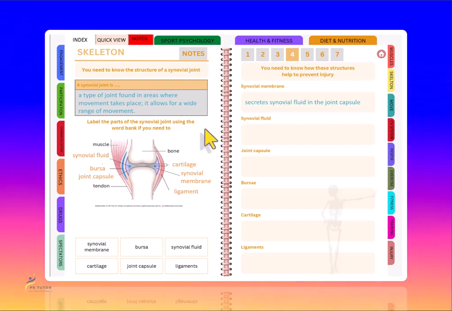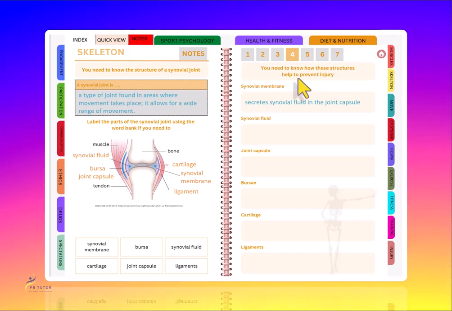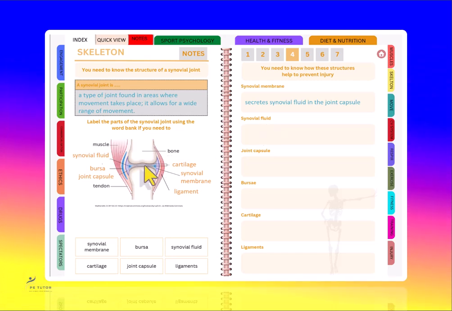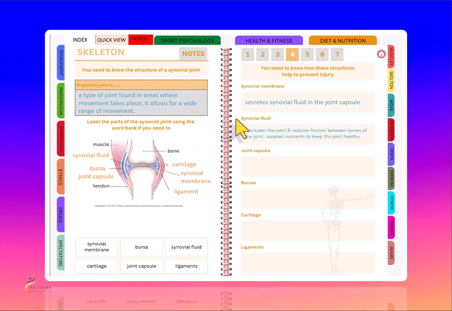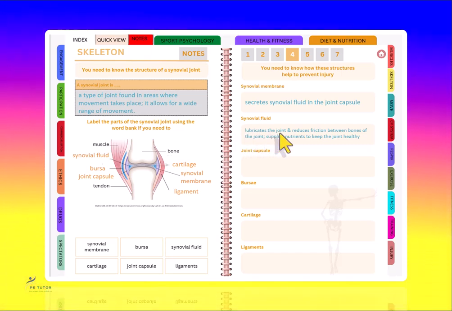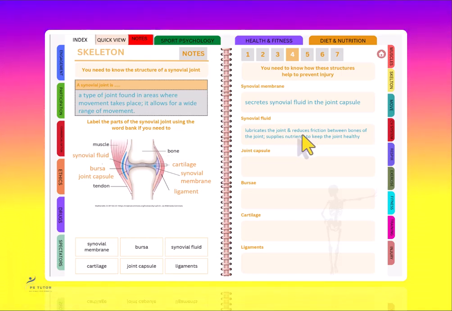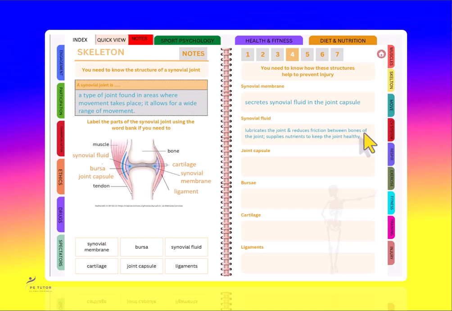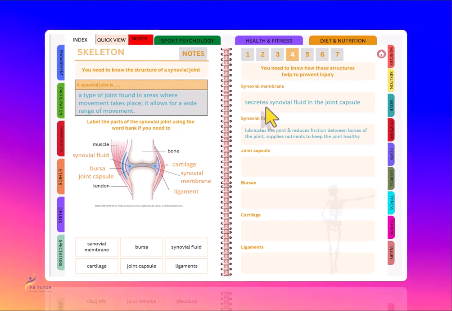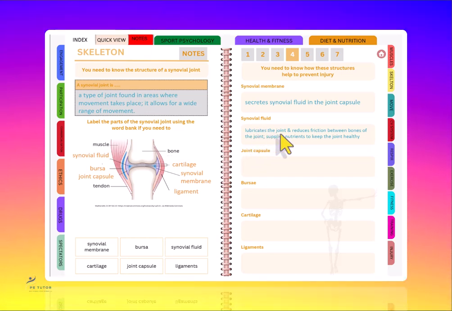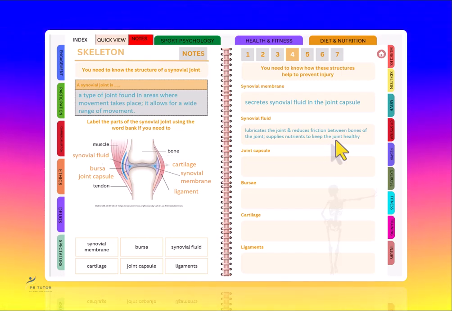On its own, it's quite difficult to describe exactly what it does to help to prevent injury, but when we look at it together with the synovial fluid, which you'll remember is inside here, we can see what it's doing, because the synovial fluid lubricates the joint, makes it nice and oily, so there's lots of ability to move around, and it also reduces friction between the bones of the joint. So synovial membrane has an important part to play because it secretes the synovial fluid, which lubricates the joint, reduces friction, and supplies nutrients to keep the joint healthy. So there's quite an important role there for it.